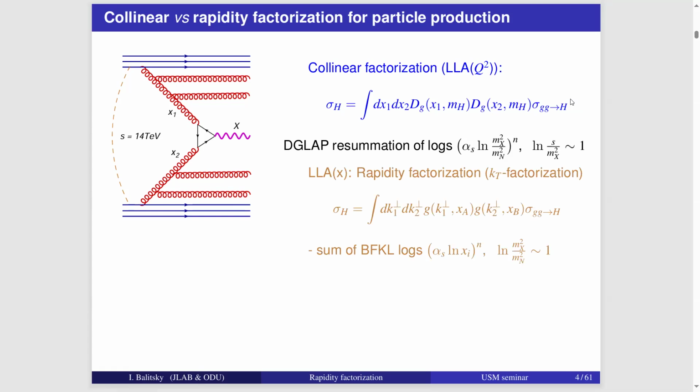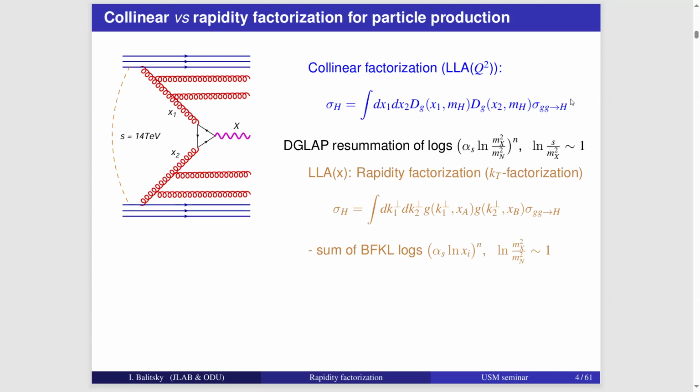On the contrary, rapidity factorization, sometimes called kT factorization, resums the logs of x, assuming that they are big, and assuming that the log of the particle mass to the nucleon mass is of order 1.